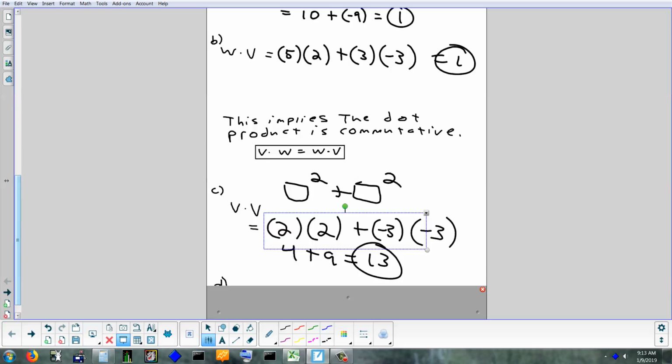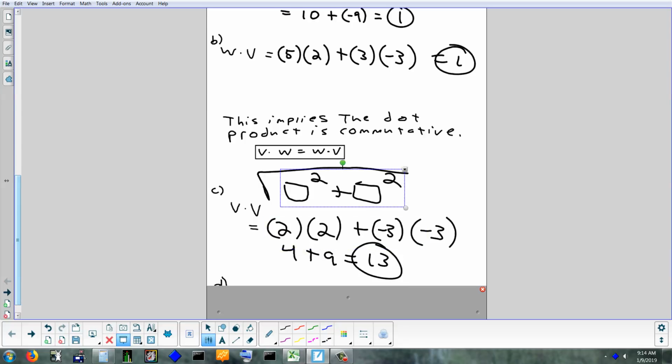Not the hypotenuse of the vector. Vectors don't have really a hypotenuse. What do we use the Pythagorean Theorem for? What are you trying to find when you want that? Is that the length of the vector? It's the length of the vector, the magnitude. So, to do Pythagorean Theorem, you square something else, you add them up, and then you take the square root.